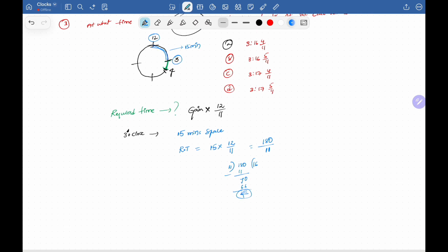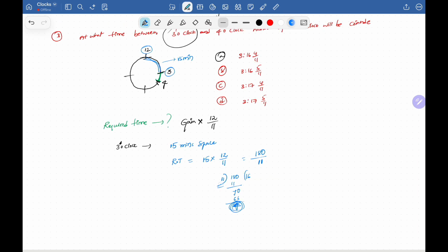You're getting 4 here. So how can you write down using this? 16 4 by 11 to 3 is the answer. This is how you need to solve the question. You're getting 16 4 by 11.